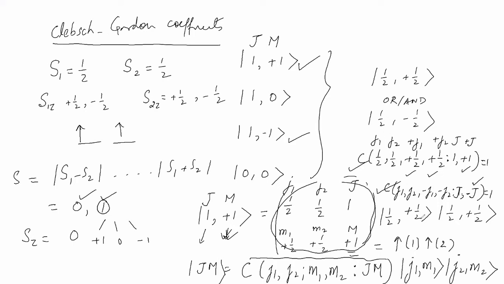Now once we have 1 minus 1, then minus 1 is another extreme position. This minus 1 we can obtain only when these two are minus half, such that I am getting minus 1.